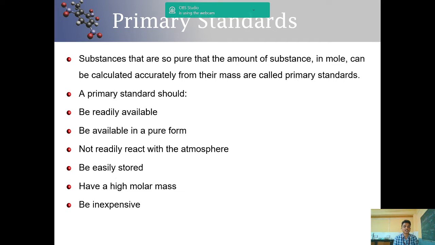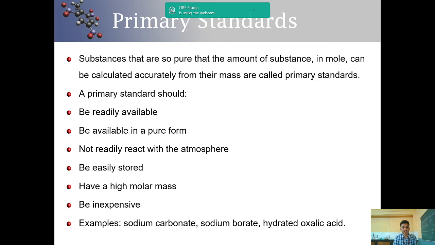But we also have to think about the expense, the cost of that substance. So primary standard substances should be inexpensive, meaning we can easily buy them, and they are easy to use, easy to store, with a higher molar mass. These are the requirements of primary standard substances. Okay, examples of primary standard substances are sodium carbonate, sodium borate, and hydrated oxalic acid.